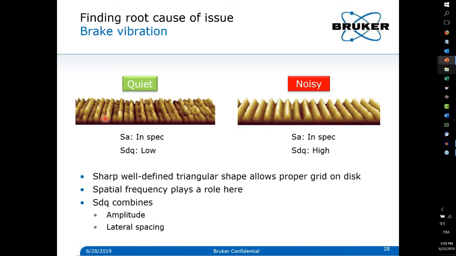And actually, the main reason is simply that what you want is a certain grip and a certain spacing between these peaks. In that case, the frequency plays a role. So SDQ again is in scope by measuring directly the slope. SDQ itself can replace SA as a parameter, getting two key pieces of information into one single parameter.